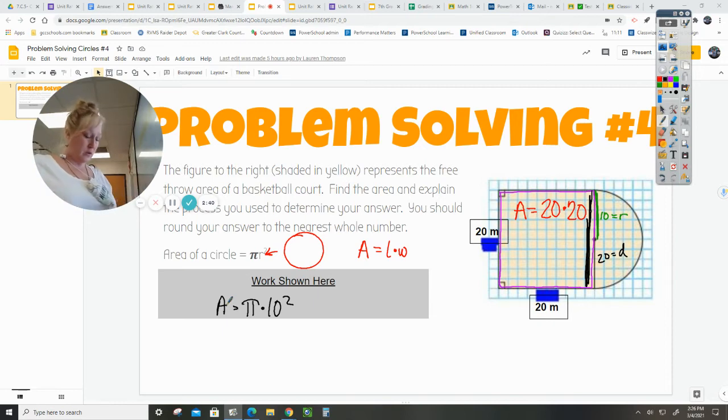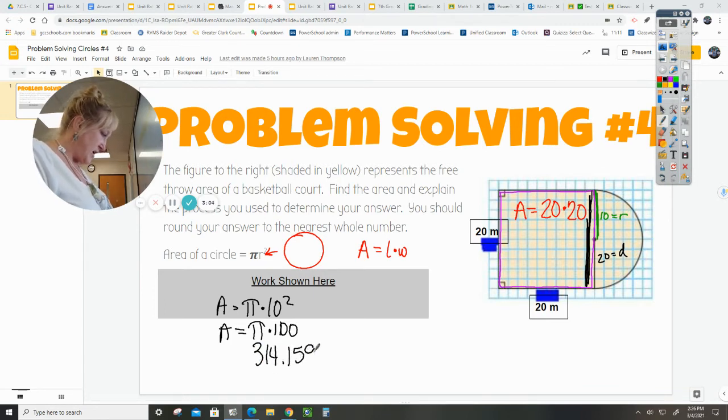We don't have a whole circle, so we have to think. Okay, I'm going to use my calculator. A equals pi times 100, because 10 squared means 10 times 10. So 100 times pi equals 314.159, approximately.